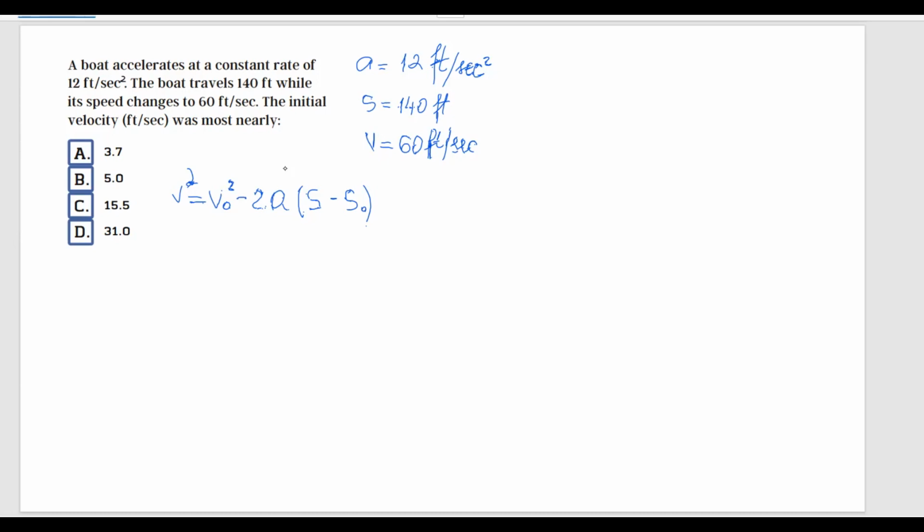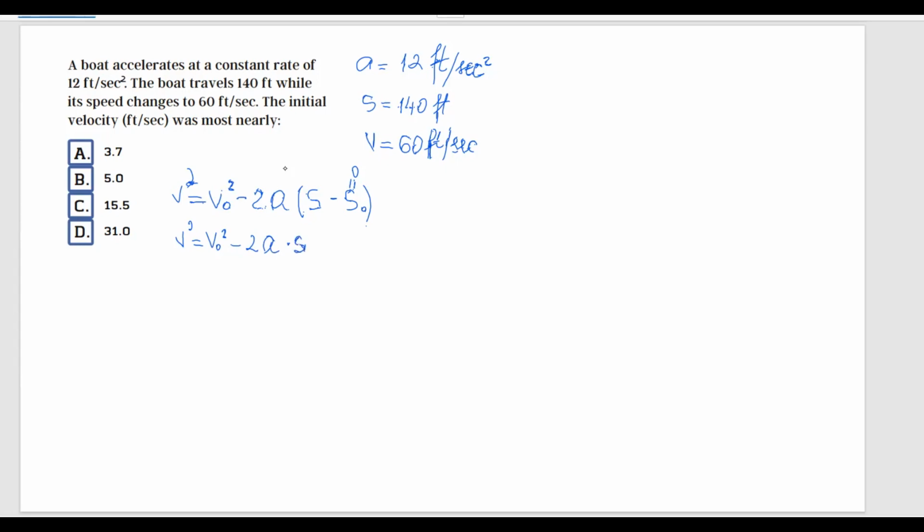In our case, the initial distance equals 0, so S0 equals 0. So this formula becomes v squared equals v0 squared minus 2 multiplied by acceleration and multiplied by the distance.